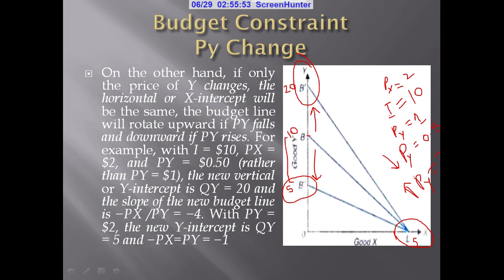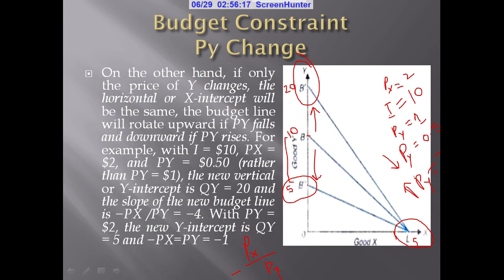So whenever prices change, it means a change in the slope, because slope is equal to Px over Py. Whenever the slope changes, here we can see that the slope is changing now.